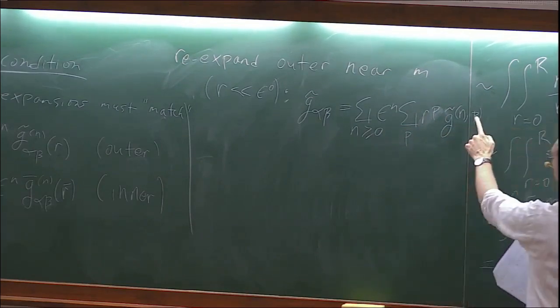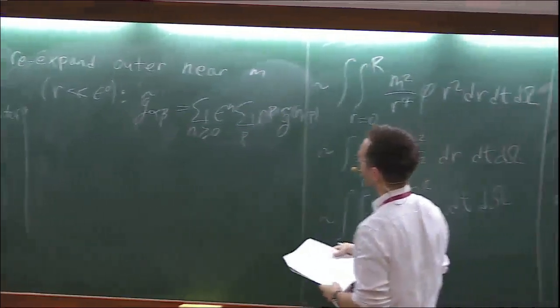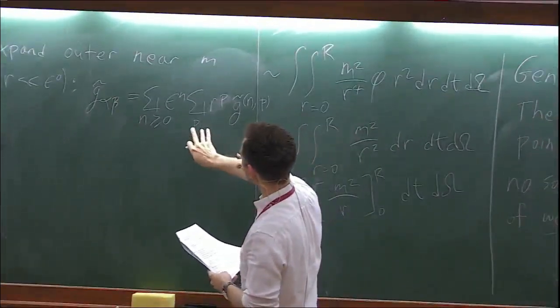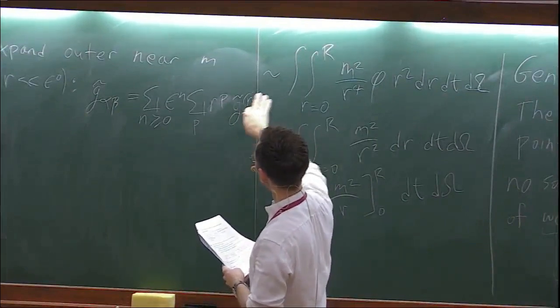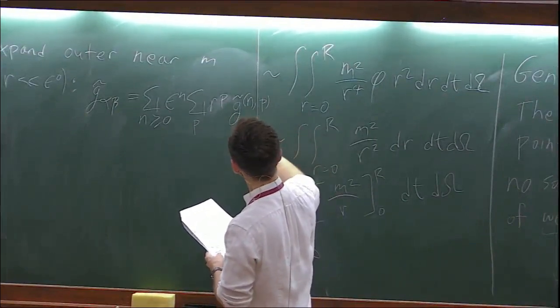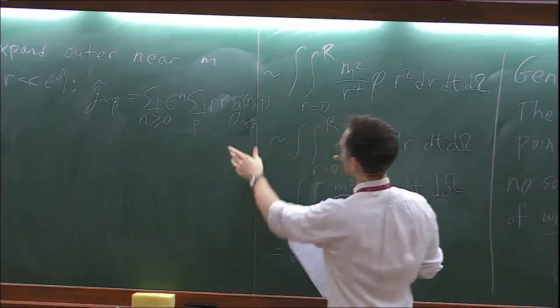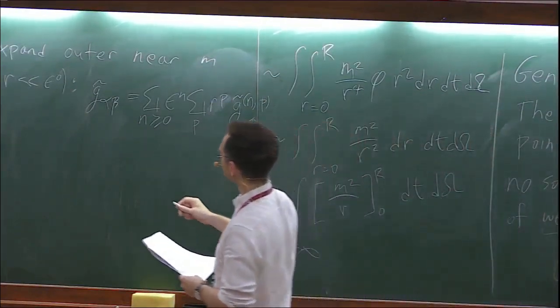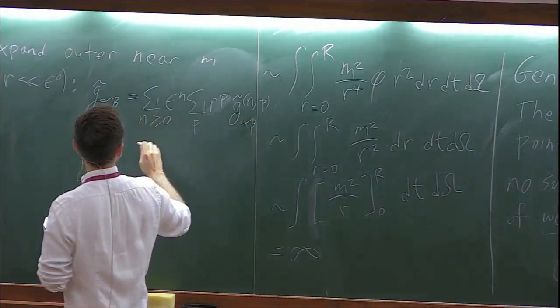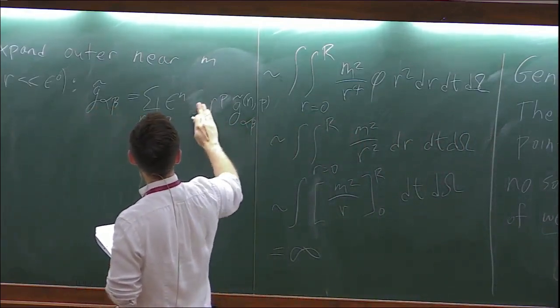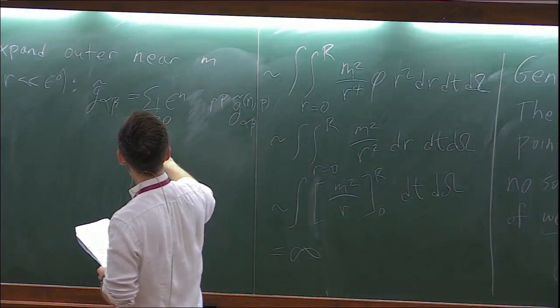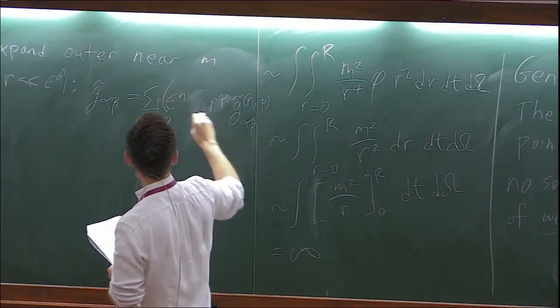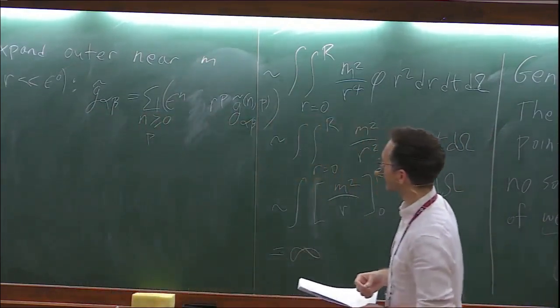So the p label labels the power of r. And right now I'm not restricting whether p can be positive or negative. It's just a general power series. And now these coefficients do not depend on r, they just depend on time and angles. So let me erase this middle sum and just put a p down here. So we've got this as our summand.